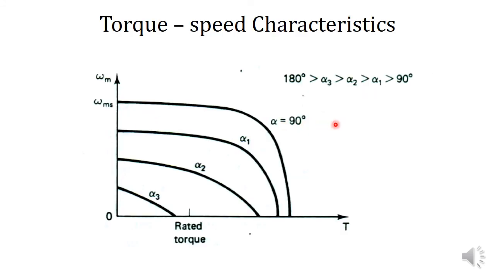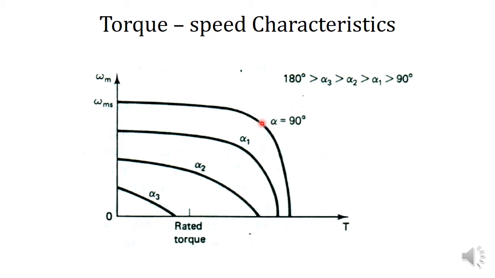Now let's consider the torque speed characteristics. As we have already discussed, the firing angle alpha is controlled between 90 degrees and 180 degrees, because firing angle alpha is always greater than or equal to 90 degrees for the inverter.